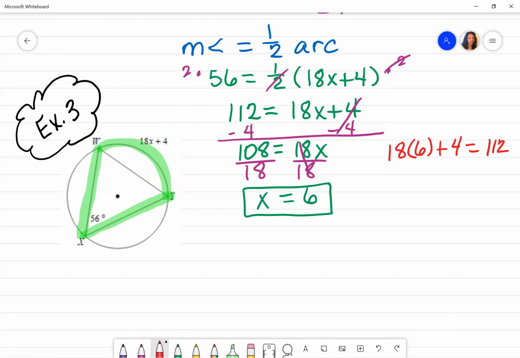Well, now let's go back to our formula and see if that's actually true. We already know that the angle measure is 56, and we were told that it should be 1/2 of the arc. So the arc is 112. If we are doing the math here, 112 divided by 2 does result in 56. So yes, we did it correctly.